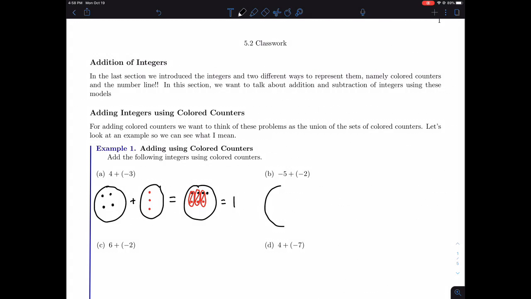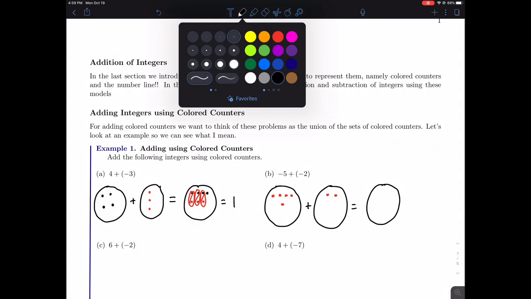So again, let me first draw my 2 separate sets here. In this case, negative 5 means I want 5 red dots. Negative 2 means I want 2 red dots. And so again, I'm adding them, so that means I want to combine them together into a big set.